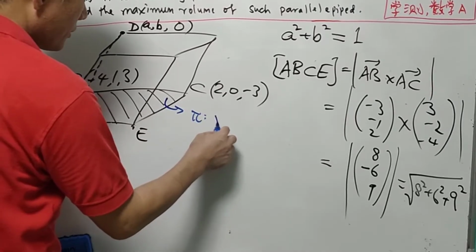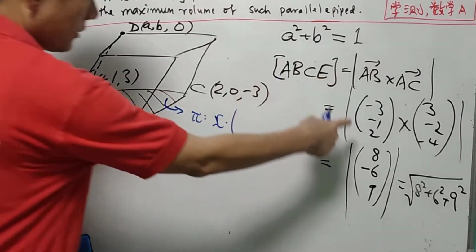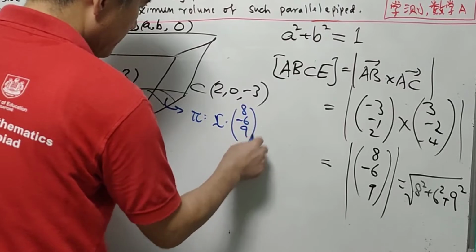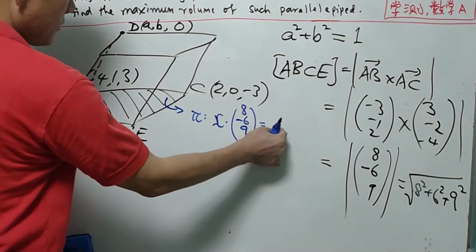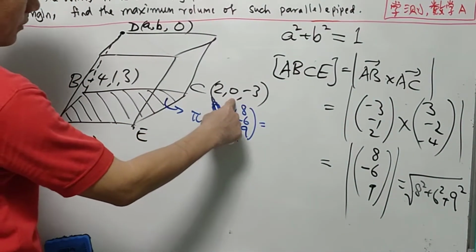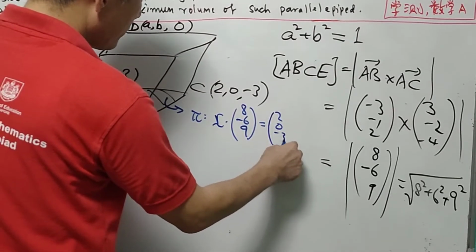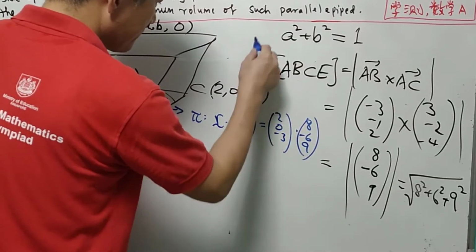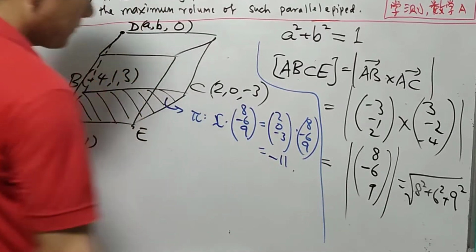You will have the equation r dot n, where n is AB cross AC, which you already know is 8, negative 6, and 9. We can take any of these points to get the constant. Since there is a 0 here, it will be easy for the calculation. It will be equal to 2, 0, negative 3, dot with 8, negative 6, 9. 16 minus 27, negative 11.